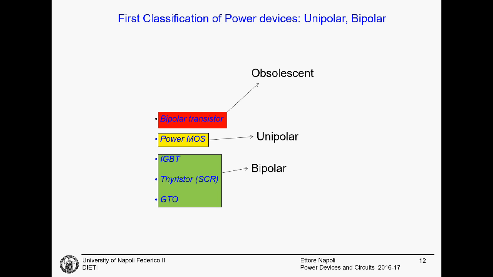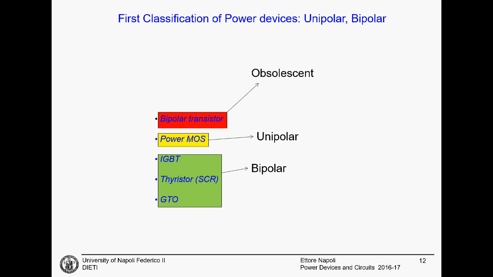But nevertheless, if you work with an old application, it is possible that you have to deal with bipolar transistors. We will see why these are now used less and less, because they are difficult to use, are not very reliable, and the performance is not exceptional.